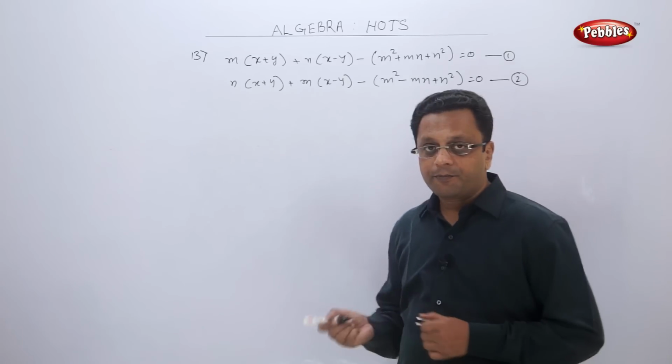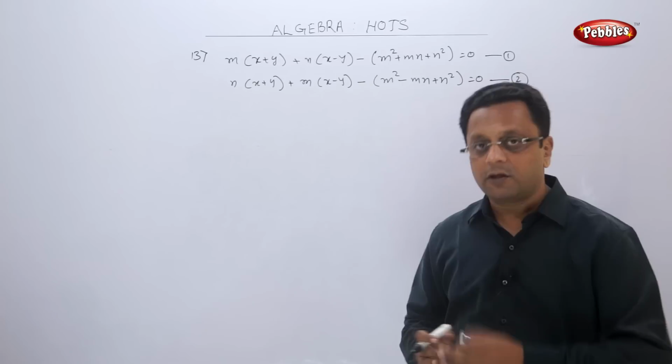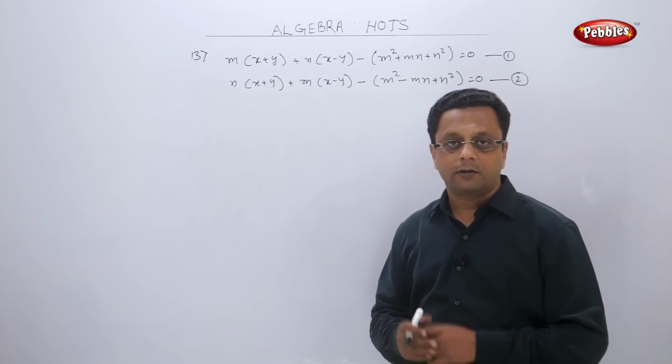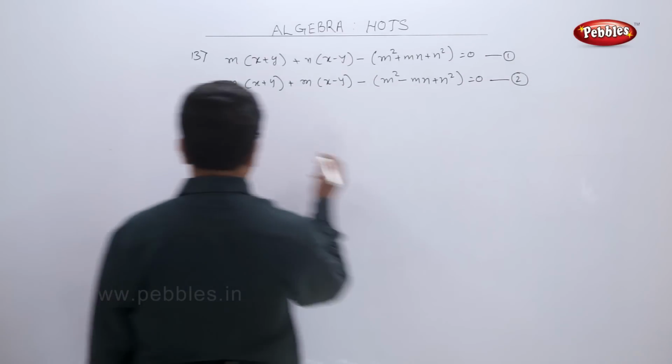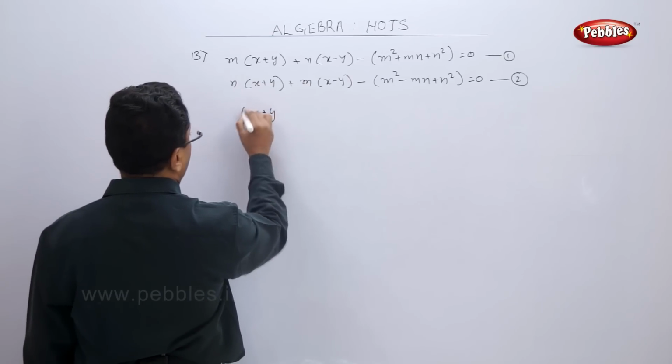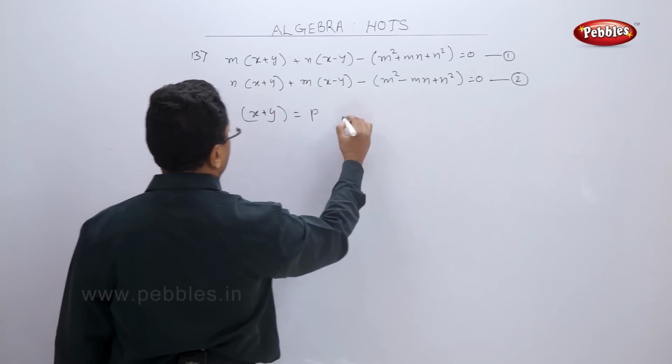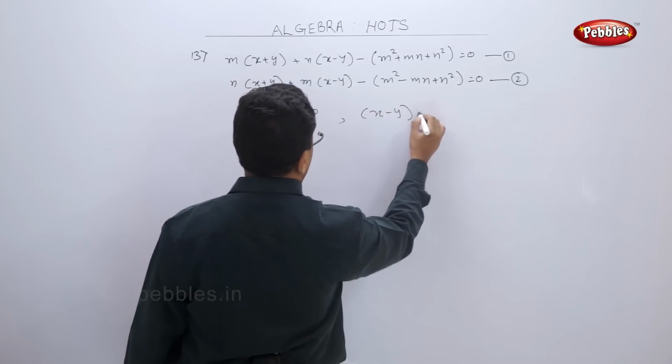What will you do here? I will just tell you one hint and then you will be able to solve this. Very simple. I will substitute x + y = p and x - y = q.